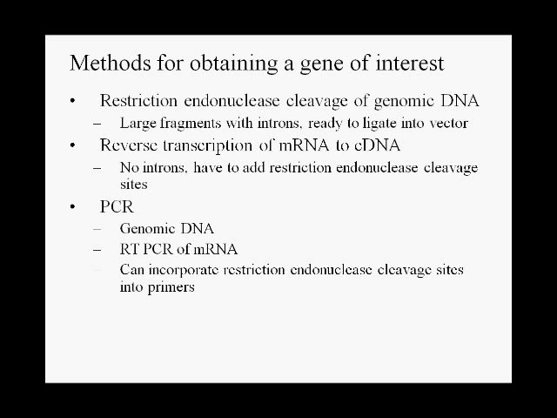What's more difficult is actually obtaining that gene of interest. How do you find that one segment of DNA in the entire genome of an organism that encodes the protein that you're interested in studying, or that contains a promoter sequence?